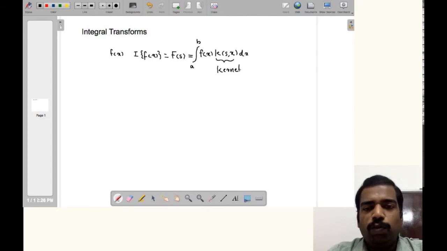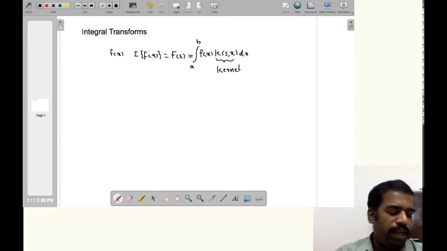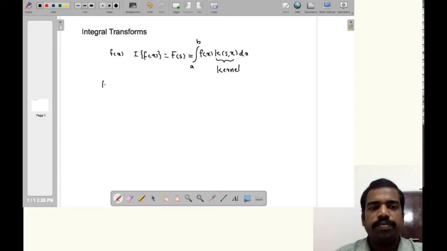Depending on the expression of the kernel, we call it by different names. If the value of the kernel k(s, x) is e raised to isx, we call this the Fourier transform.